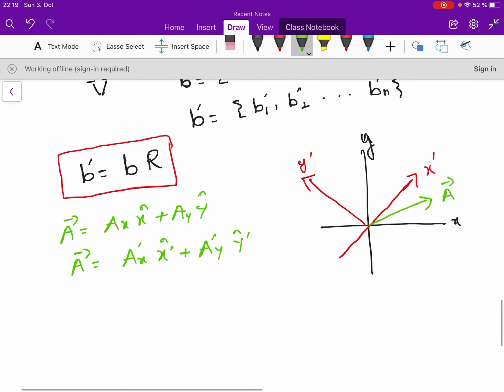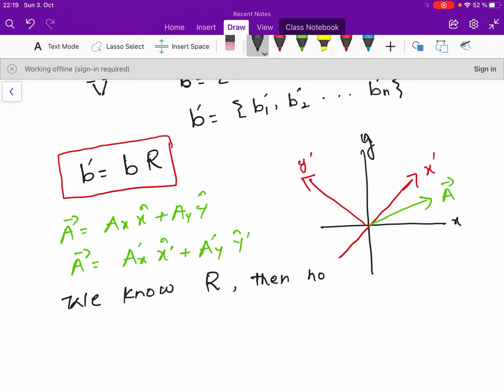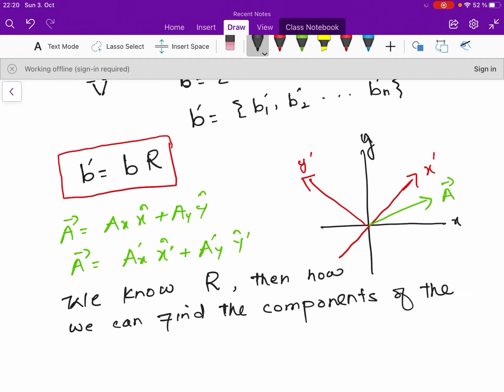So now the question arises, if we know the change of basis matrix R, then how can we find the components of the vector in the new basis from the components in the old basis?